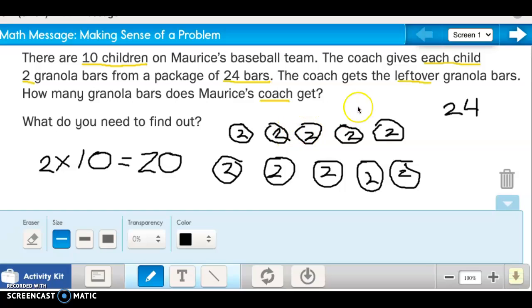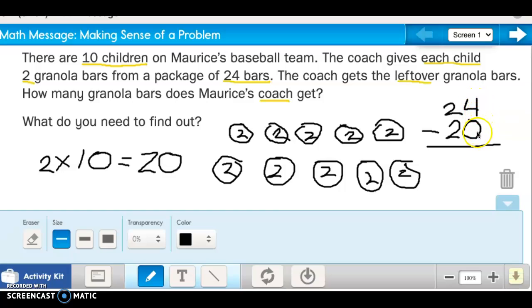Well, leftovers, we are going to subtract. So we are going to say 24 minus 20. And I have told kids many times it's easier if you write the numbers up and down. It's easier to figure it out if you go up and down instead of sideways.